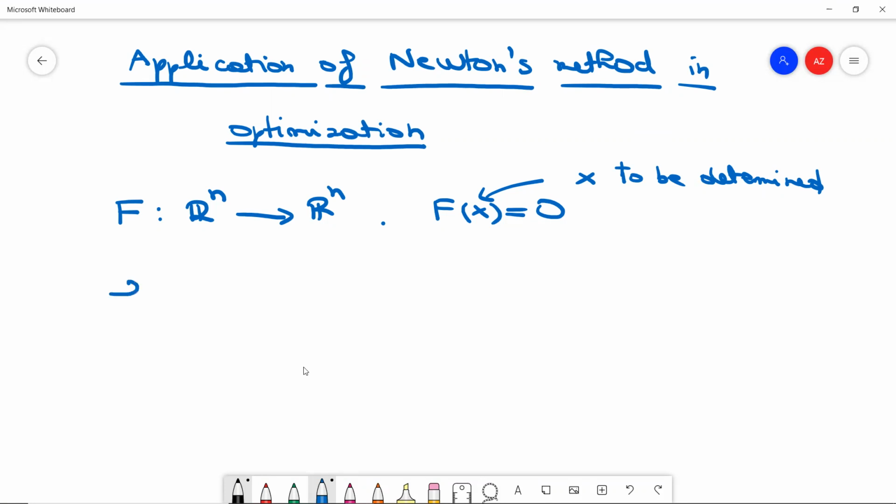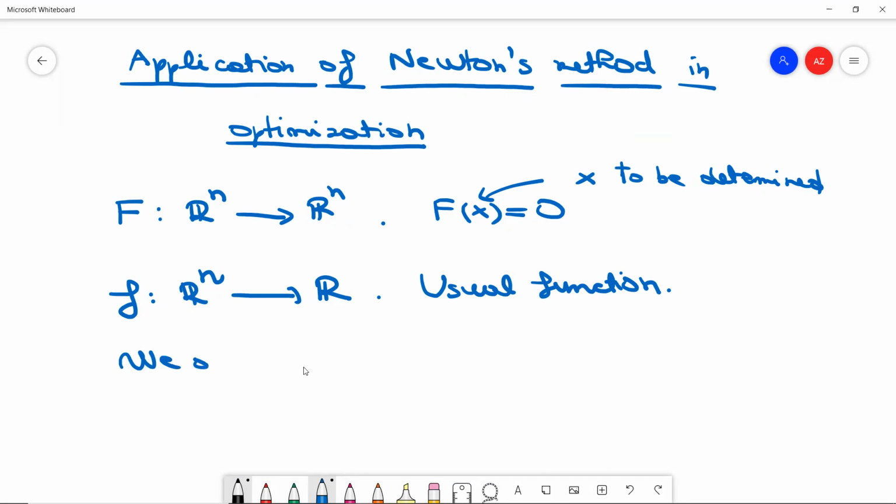We have a multivariate function from R to the power of n, and since it's a usual function, it maps into R. Now we don't want to calculate its zeros, but we would like to calculate its extrema.